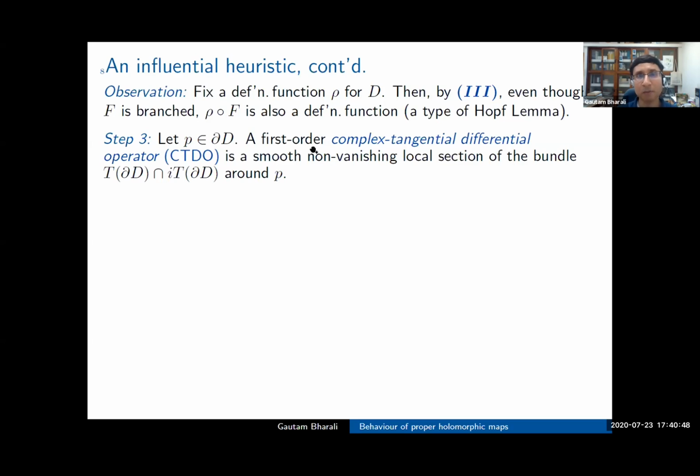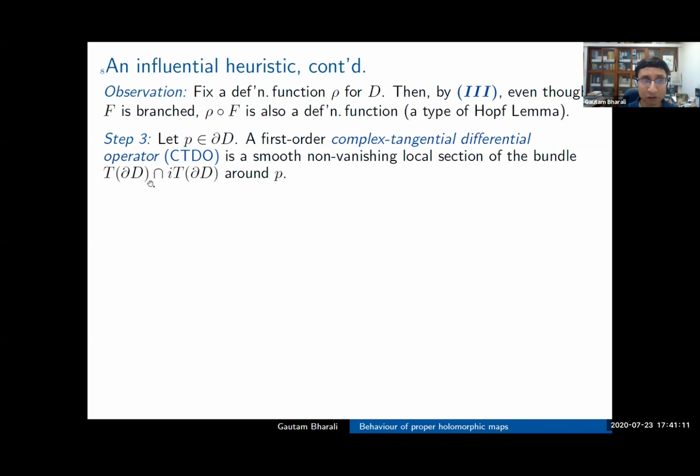Now, I want to talk about what I mean by a first order complex tangential differential operator. Well, it's something like a tangent vector, except that I want these vectors to point in. Remember this object we have seen when defining Levi pseudoconvexity.